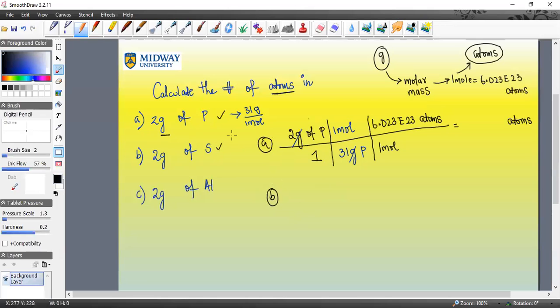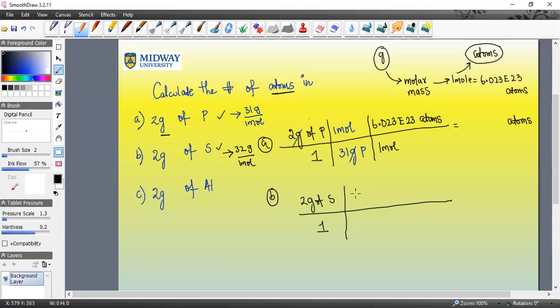And sulfur, I believe, is 32 grams per mole. Okay, sulfur is 32 grams over 1 mole. Same deal. If you notice, it's 2 grams of sulfur over 1 because there is, again, no information available.